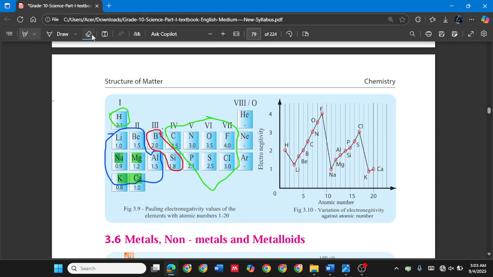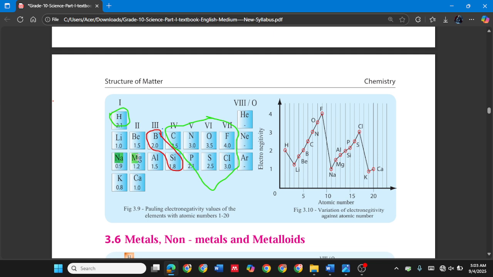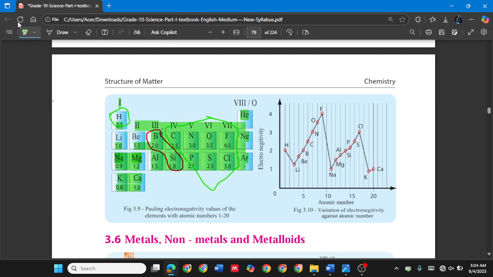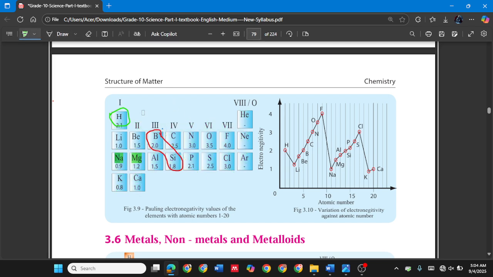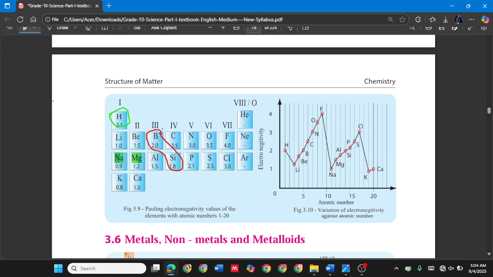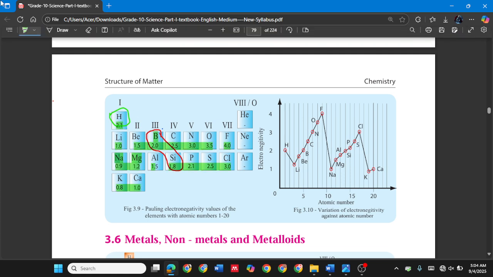And what are the metalloids? Only two metalloids exist. We are going to learn about boron and silicon. They are already present in here.